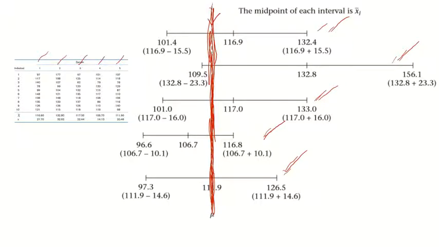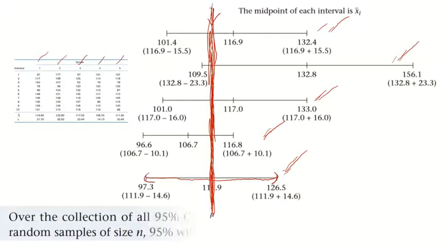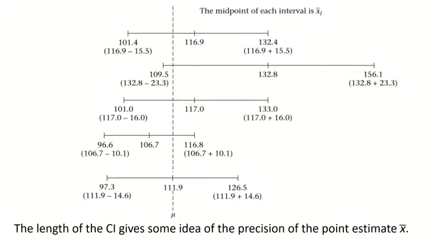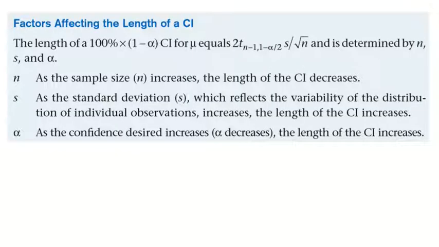Okay? So, what determines the length of your confidence interval? Here are some of the factors that affect the length of the confidence interval. First will be your number of samples. Okay?